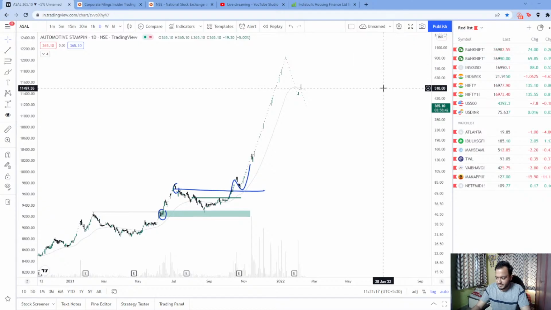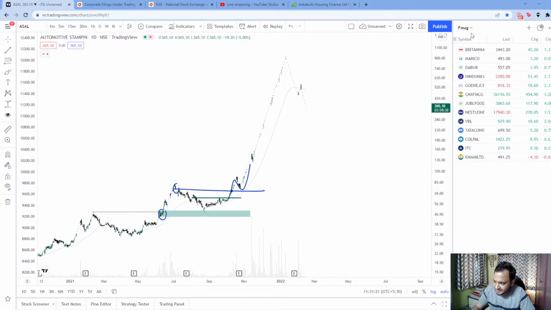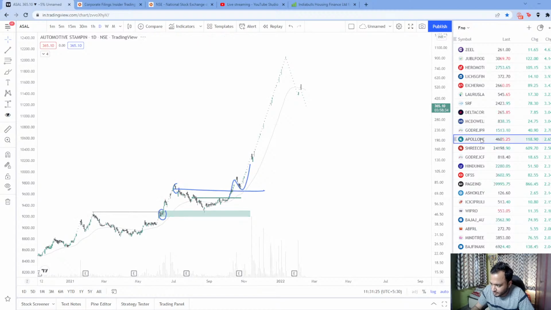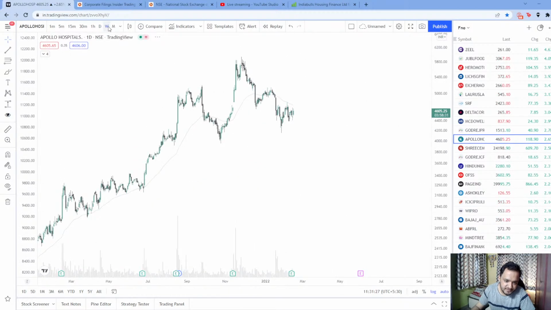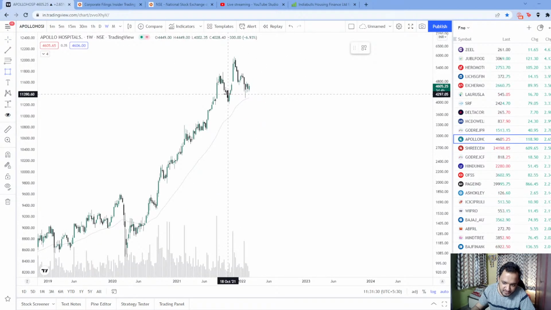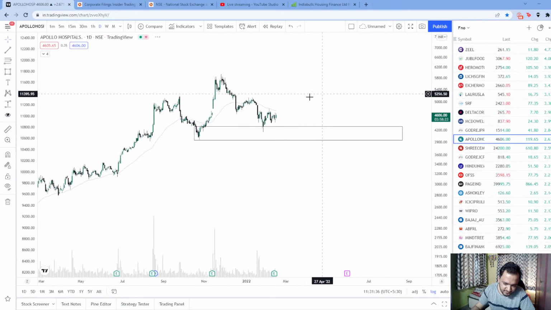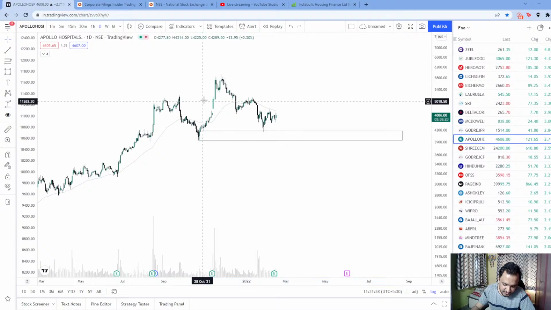Apollo Hospital. Yeah, I was waiting for someone to ask about Apollo Hospital. Let's check it out. Where is Apollo Hospital? Right. So Apollo Hospital is at the weekly demand zone. So you can definitely buy here for an investment. For a swing trade, this is not the structure, but for an investment grade, you can definitely buy here.